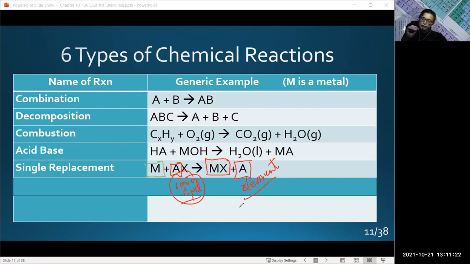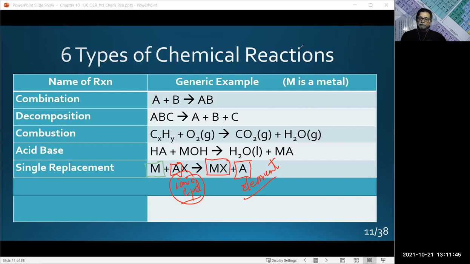Now, to be able to determine whether a reaction proceeds or not, we're going to have a systematic approach again, in which we're going to ask some questions on these two metals to determine whether that process, the way it's written, will work.